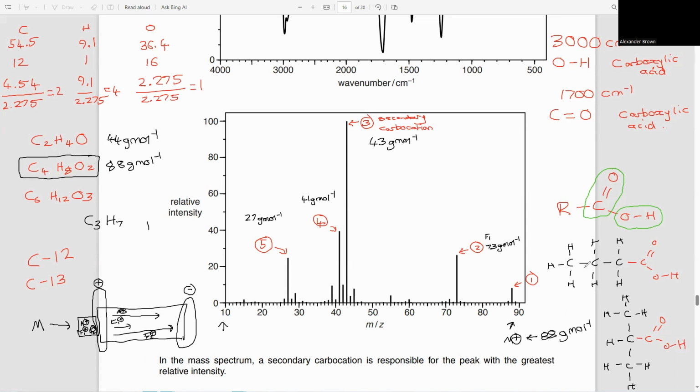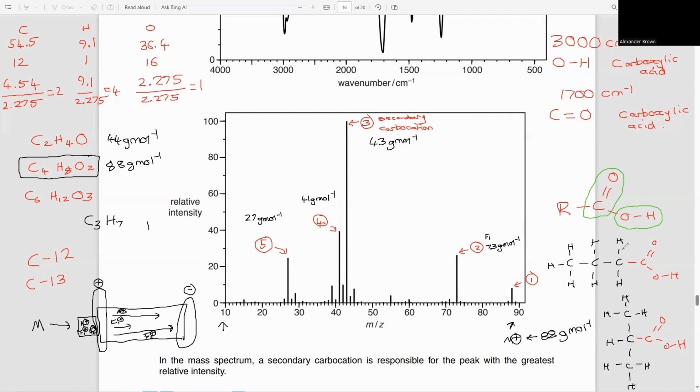Okay, so the next thing I would do, just to make sure you get full marks in this paper, is identify what some of these fragments must be. Now, the fragments are usually due to one bond being cut within our sample.